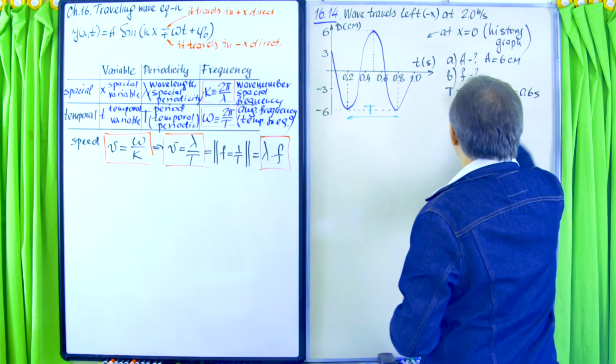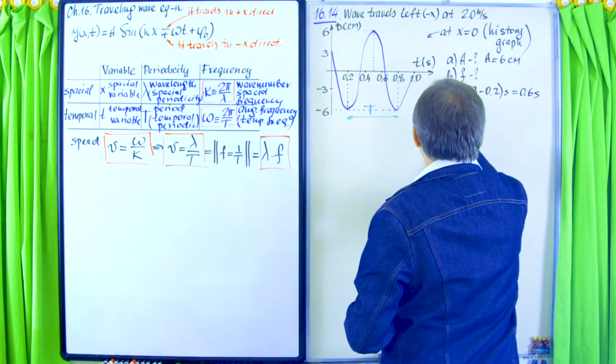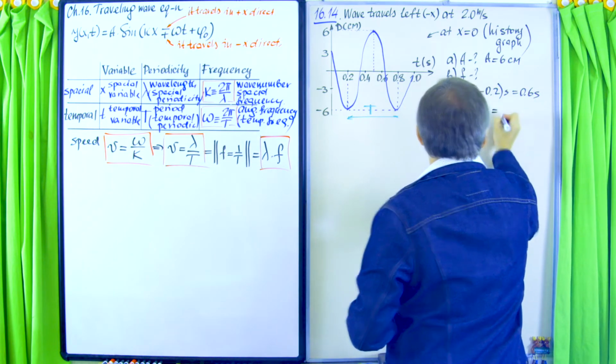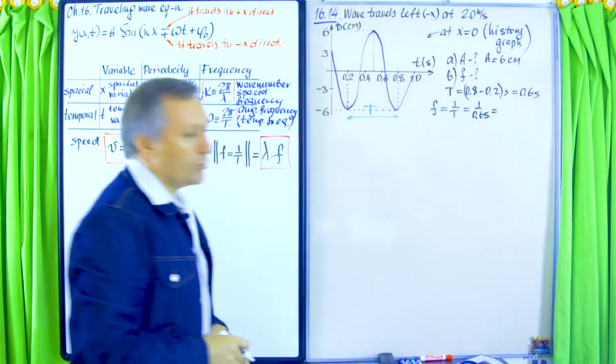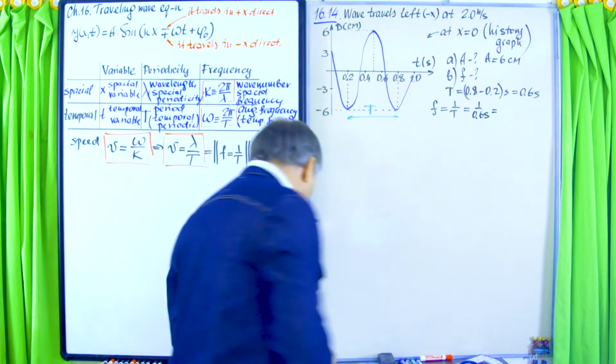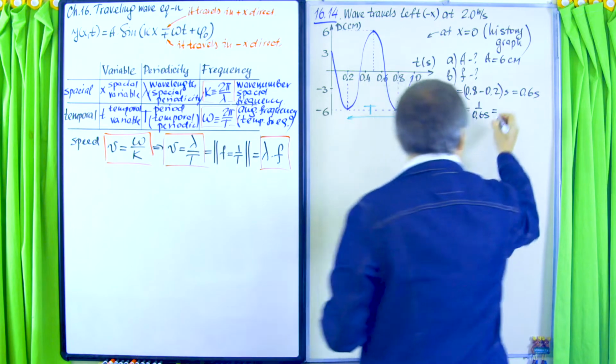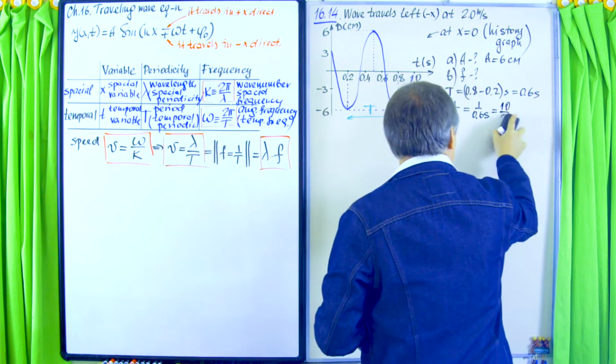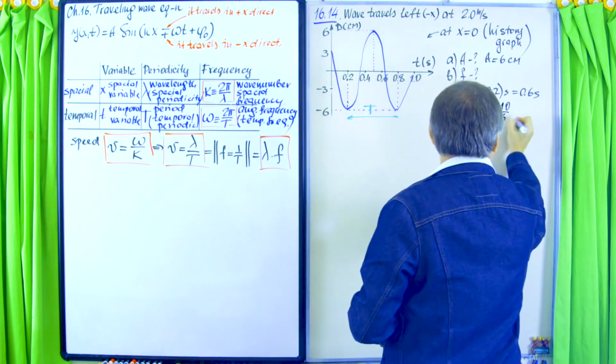And then of course the frequency f is the reciprocal of the period. It will be 1 over 0.6 seconds. So it will be 10 over 6, right? 10 over 6 seconds.